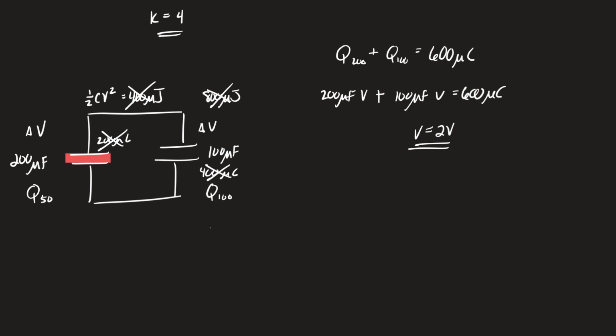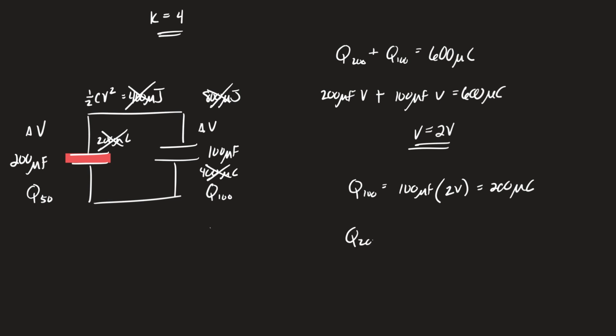Not done yet. You've got to figure out the new distribution of charge. But I bet, since this one's now twice as big as the other, that it's holding more of the charge. But you should check. Again, Q on the 100 is going to be equal to 100 microfarads times 2 volts, so it now has 200 microcoulombs.